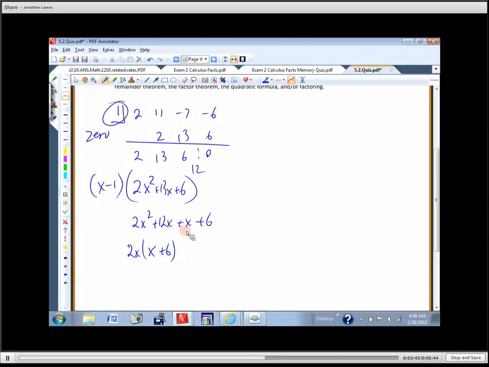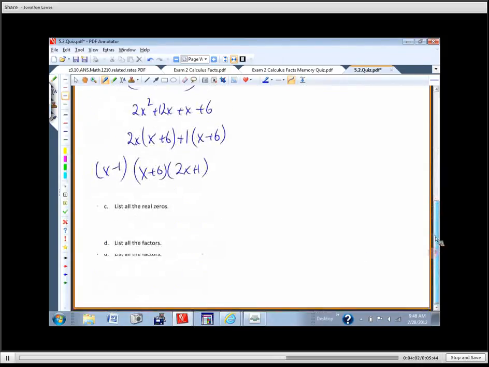What do I take out of these? A positive 1. Okay, we need to write the sign, so write down the positive 1. We're left with x plus 6, so I take out an x plus 6. I'm left with 2x plus 1, and I've got this other factor of x minus 1 right here. Well, lo and behold, I have this all factored. X minus 1, x plus 6, and 2x plus 1. Those are all the factors.